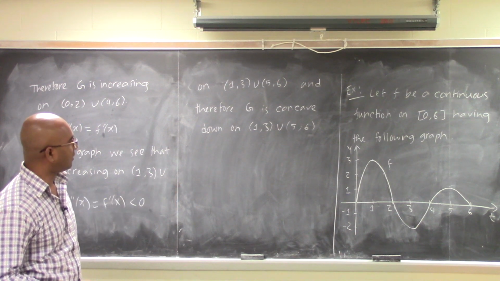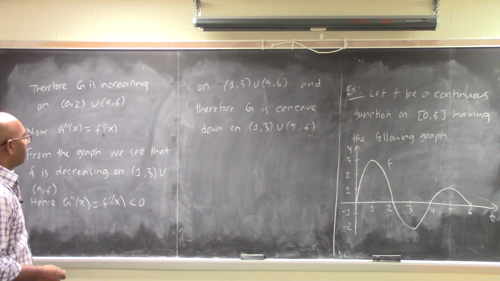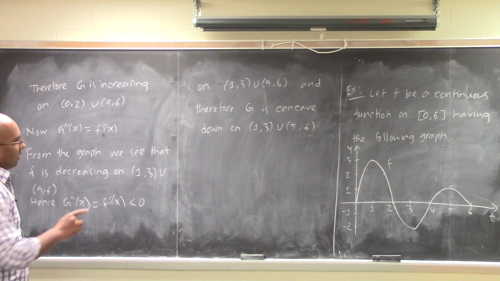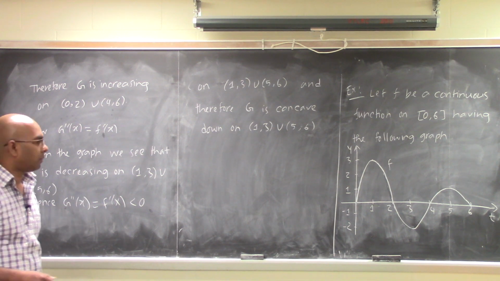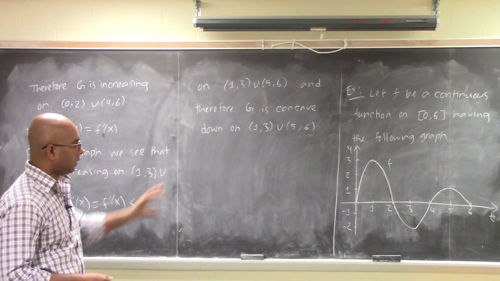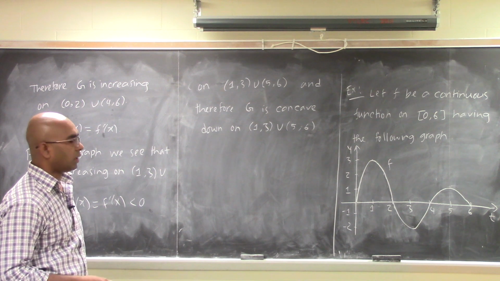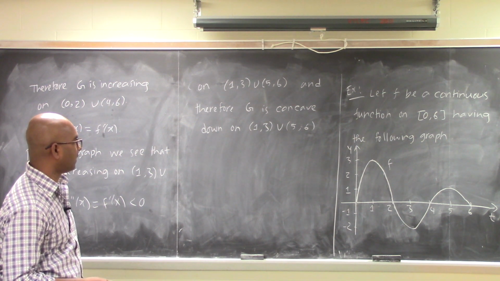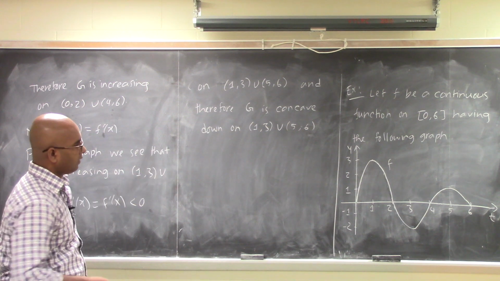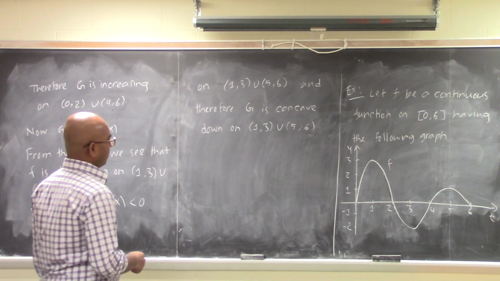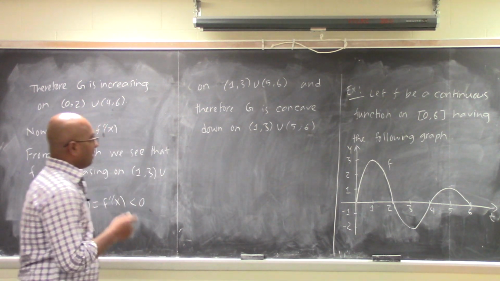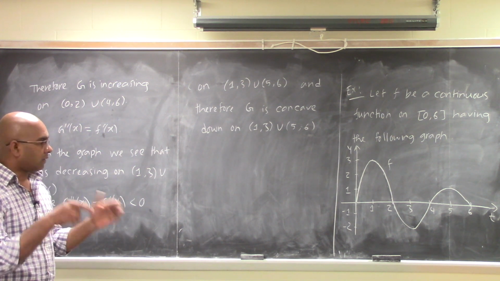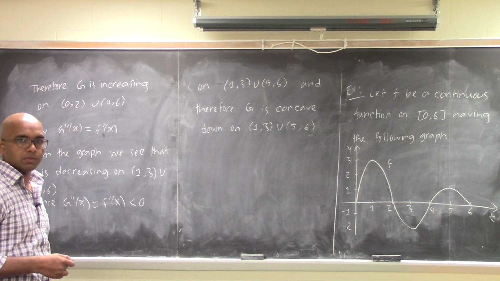On the left side of 3 it is concave down, but on the right side of 3 it is concave up, right? So at 3 you will also have a point of inflection. Okay, and also at 5, because on the left side of 5 it is concave up, but on the right side of 5 it is concave down. So 3 points of inflection.